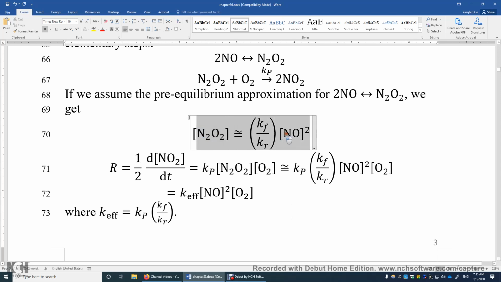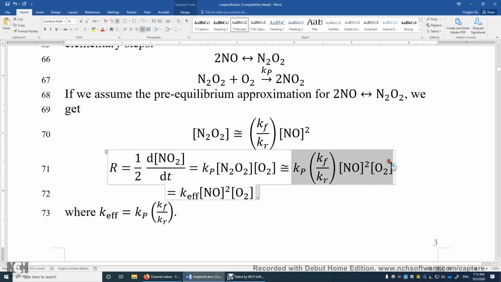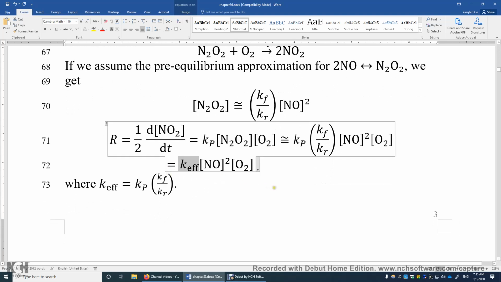We can use this expression here to convert N2O2 to the reactant NO, and then we get this expression. Now finally, this Kp times Kf over Kr is a constant. We define this to be K effective just for simplicity, and then in the end we know this reaction is going to be a third order reaction. The rate is proportional to NO squared, and it's proportional to O2.